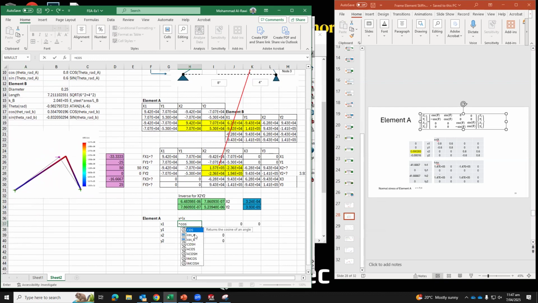So here would be cosine A. You can see it there. Enter. And that one equals minus sine A. Enter. And this one equals sine A. Enter. And this one equals cosine A. And then here would be cosine A. And this one is sine A. I forgot the equal.